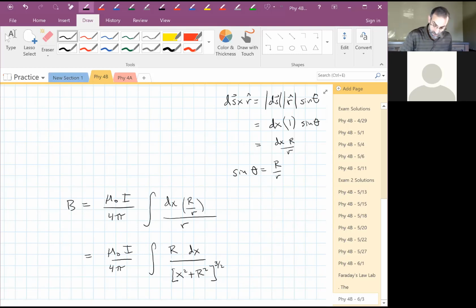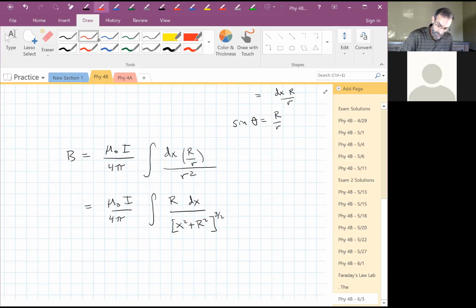R squared, thank you. R squared, not r. And then I end up with an r cubed, and r is to the 1/2, so I get the 3/2 power. Now, what are my limits? What are we integrating over? The current path.